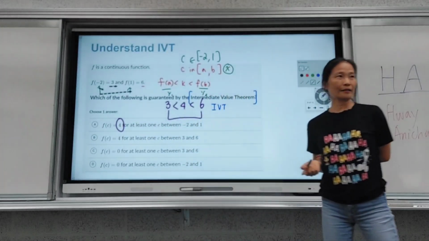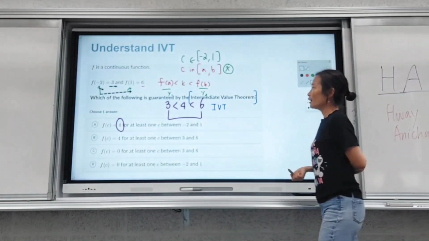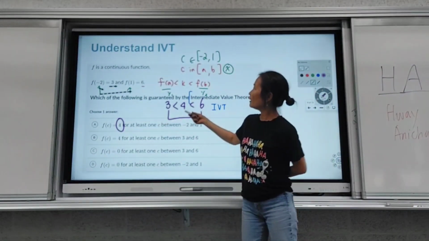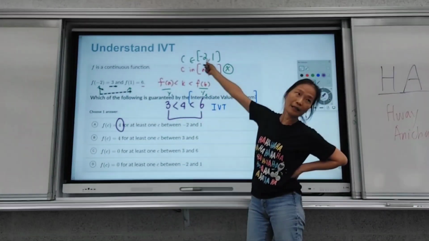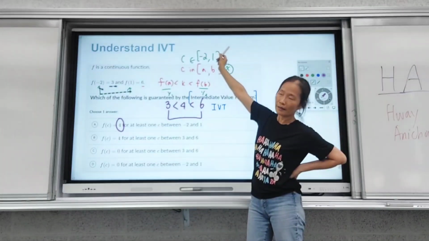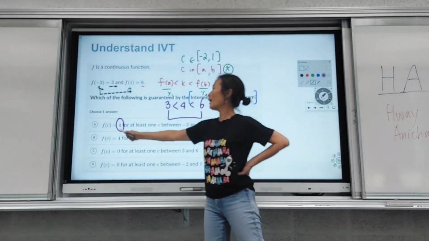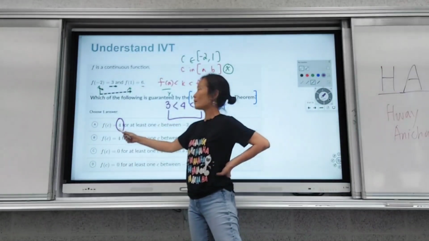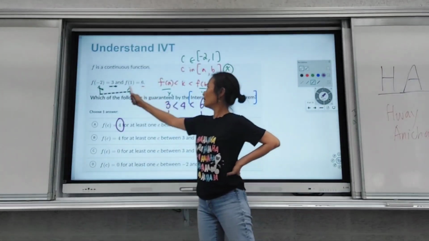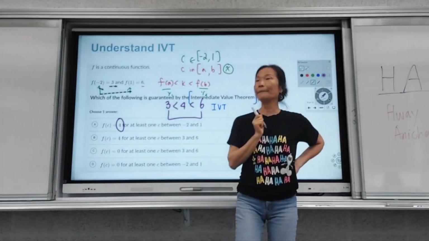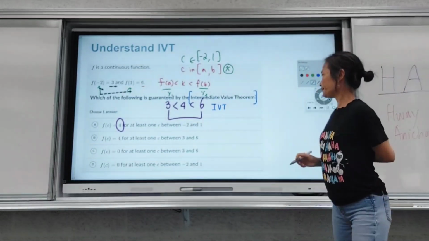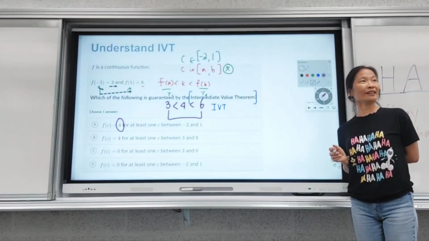So that is correct. So IVT guarantees that you can find a value c within the domain, -2 and 1, satisfying f of c equals 4. Why? Because 4 is in between these two numbers. Yeah. Okay. Are we good?